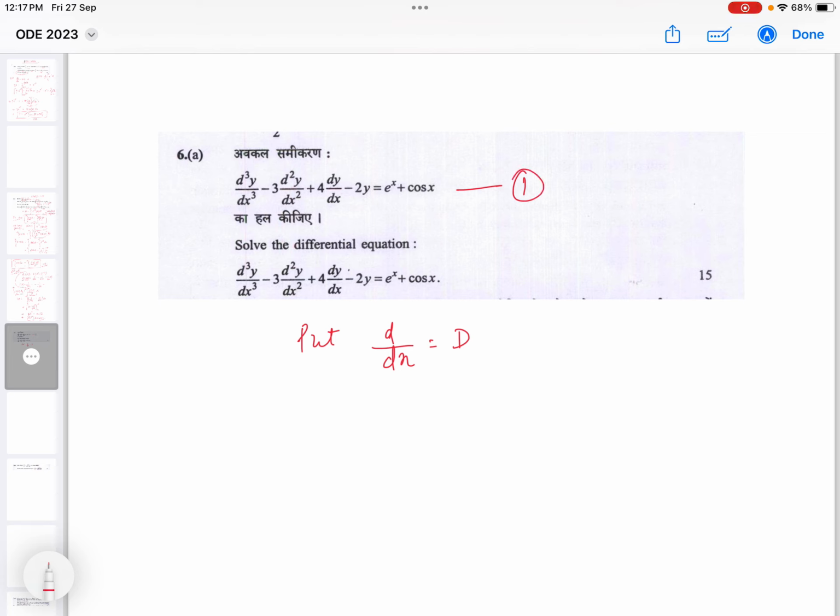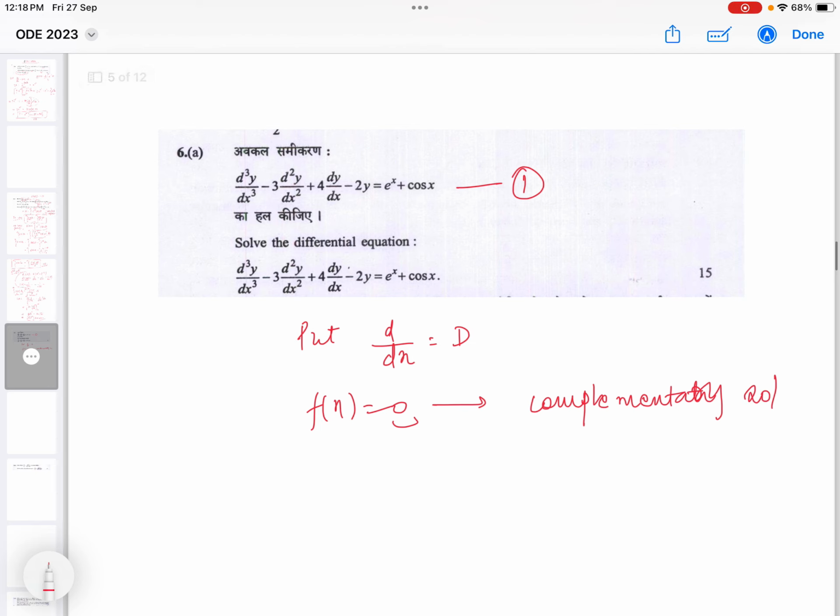In order to solve this, we break such a type of equation into the homogeneous part, where the RHS is 0, and the particular solution. The homogeneous solution will yield us a complementary solution, and after finding the complementary solution, we will find the particular solution.